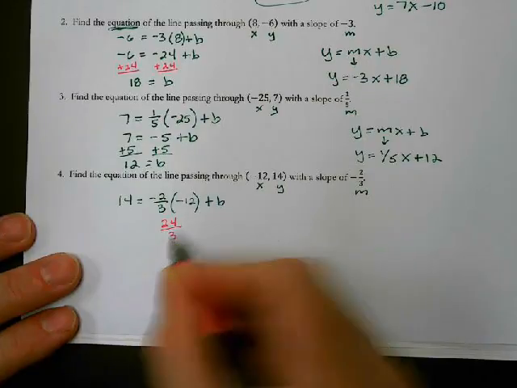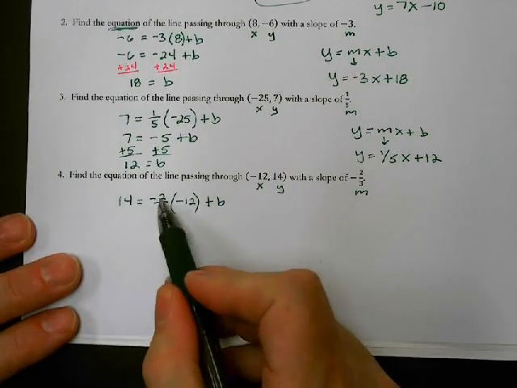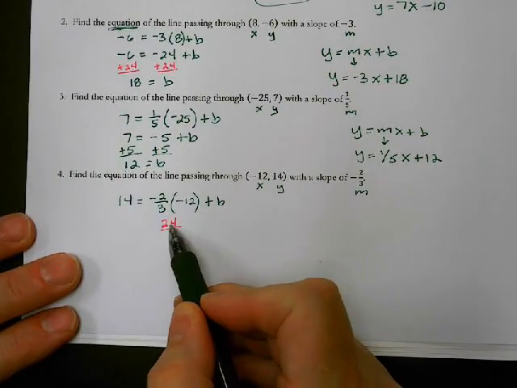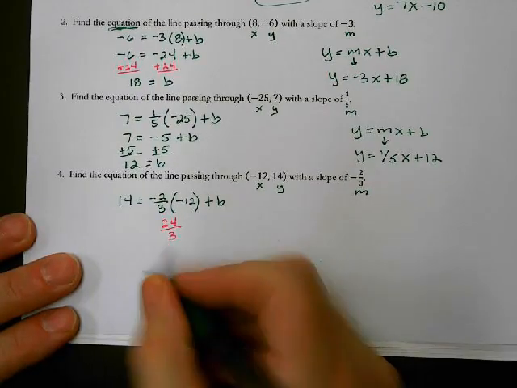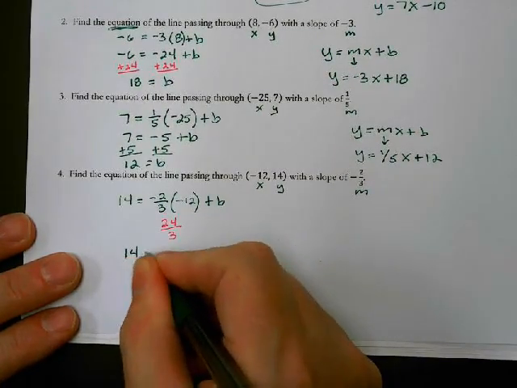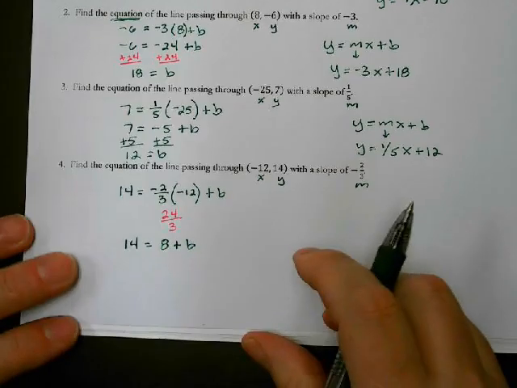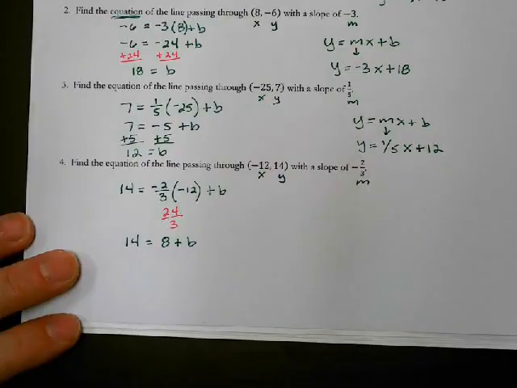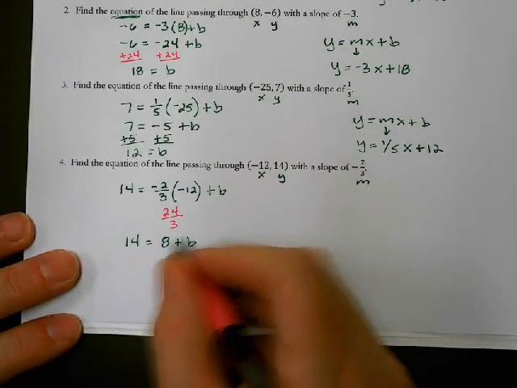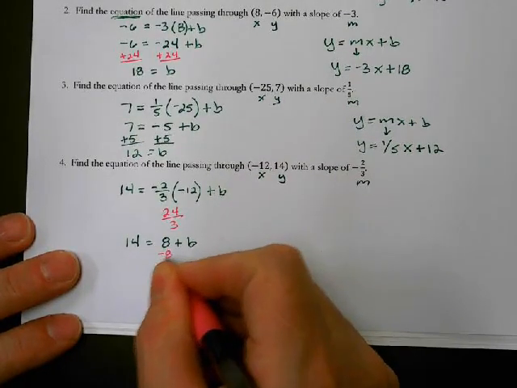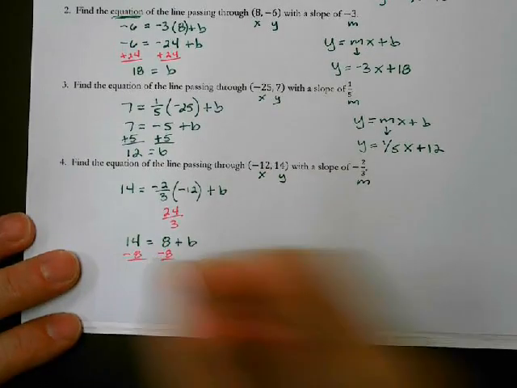So I did negative 2 times 12, 24. And then divided by 3, I get 8. So I've got 14 equals 8 plus b. Now I finish by solving for b. I subtract 8 from both sides. And I get b is equal to 6.